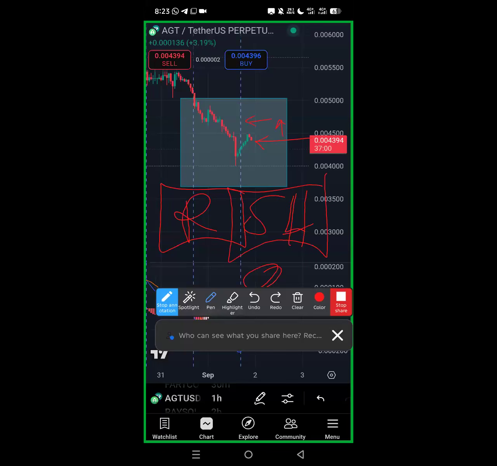That becomes the first area you are expecting the price to react to in case it continues going up. That is the first area you're most likely going to see a reaction by the price.